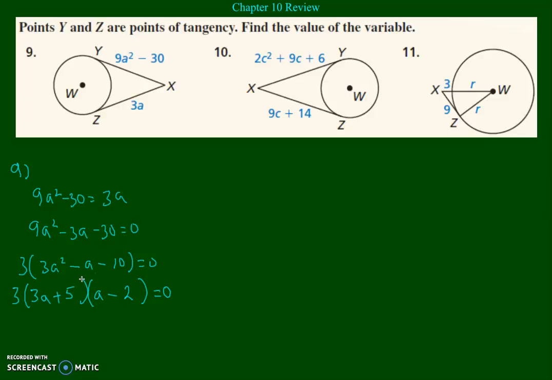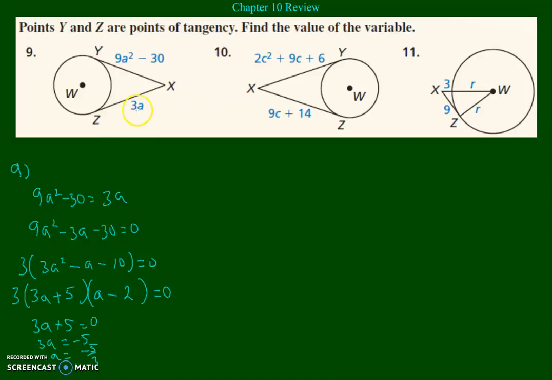So we know that one of the factors is 3a plus 5 equals 0, and a minus 2 equals 0. Using the zero product rule, if 3a plus 5 equals 0, then 3a equals negative 5, a equals negative 5 thirds.